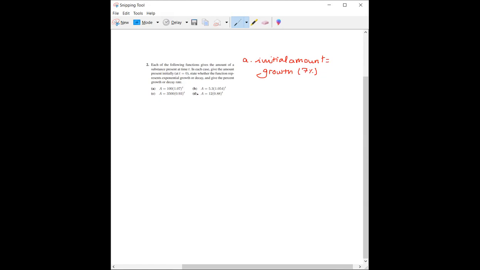And what is our initial amount? 100. What about B? 5.3. Growth or decay? Growth. And our rate is? 5.4%. Perfect.